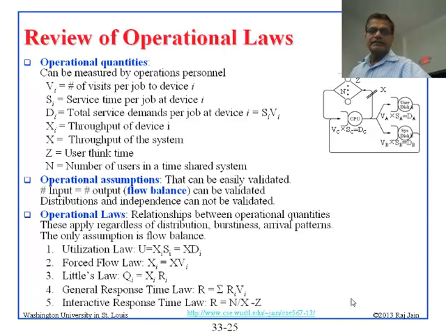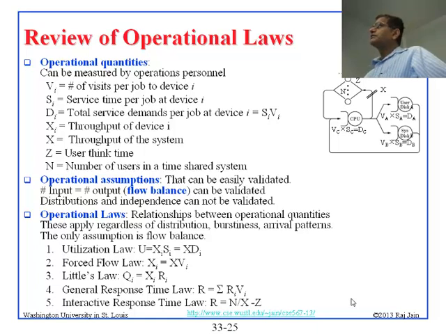So that finishes the operational laws. By now, after having done the homework, at least some of the symbols would become familiar to you: V for visit ratio, S for service time, D for total demand, X for throughput, Z for user think time, and N for the number of users in the system.